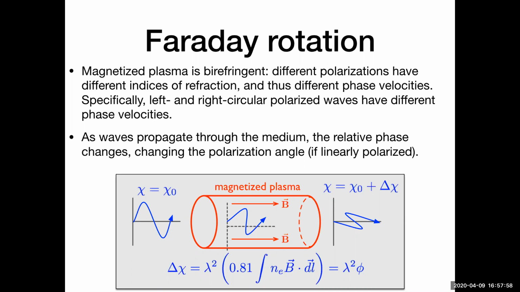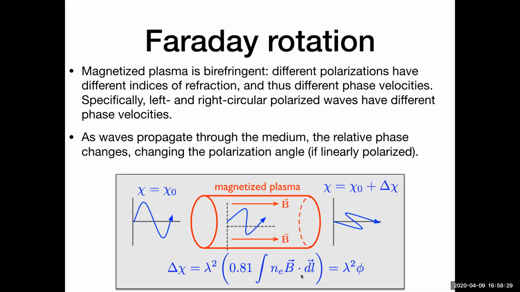So the net effect is a linearly polarized wave goes in, goes through the magnetized plasma, and comes out with a different polarization angle. And the change in the polarization angle is proportional to the wavelength squared and a path integral of the electron density of the magnetized plasma and the magnetic field component along the path of propagation.